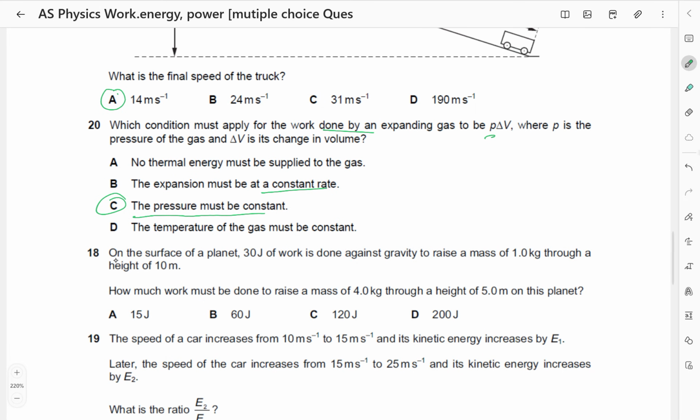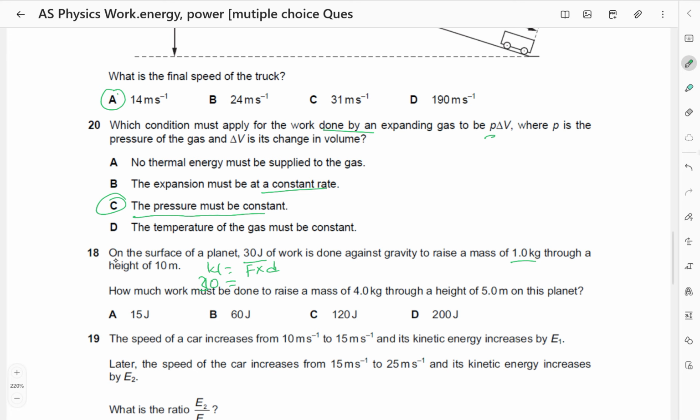On the surface of a planet, 30 joules of work is done against gravity to raise 1 kilogram through a height of 10 meters. So let's check. We know that work done is equal to force times the distance in the direction of the force, or times displacement. So we are saying 30 joules are done.